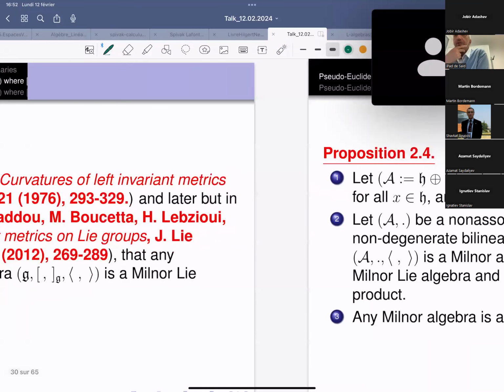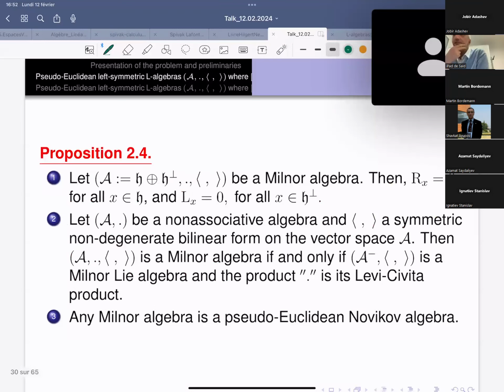The first proposition, the first result for this class: if you consider a minor algebra, a left symmetric algebra with this decomposition, I recall H is a subalgebra with nil products, and its orthogonal here is an ideal.